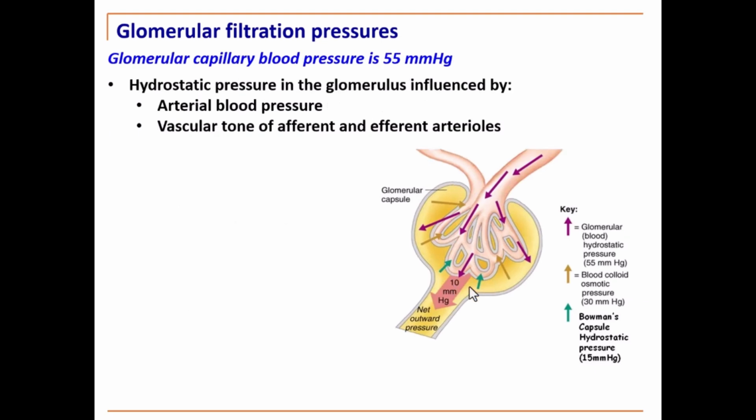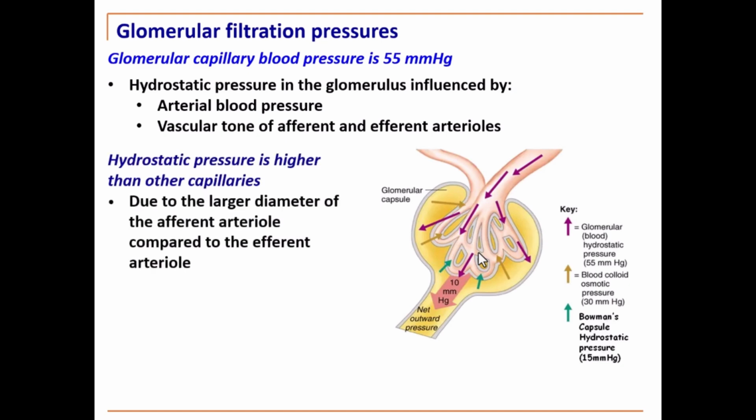The first one, as we've already talked about, is your glomerular capillary blood pressure or hydrostatic pressure, and that's 55 millimeters of mercury. This hydrostatic pressure is influenced by your arterial blood pressure and by the vascular tone of the afferent arteriole coming in and the efferent arteriole going out. When we talk about vascular tone, we just mean how vasodilated or vasoconstricted they might be.